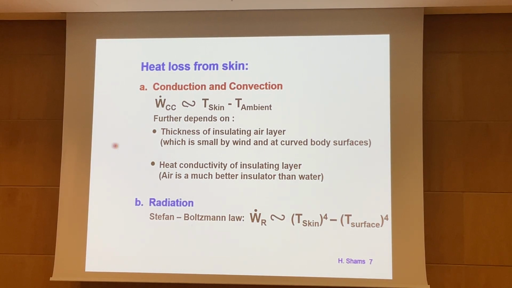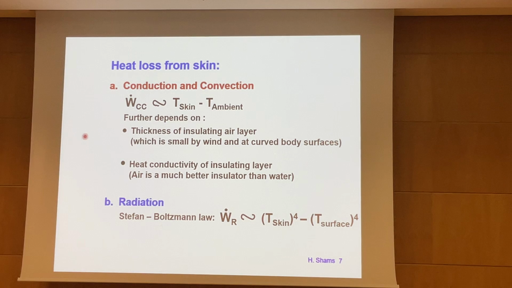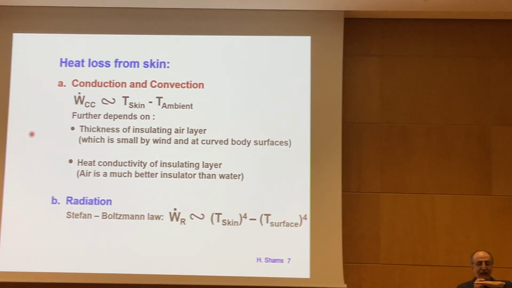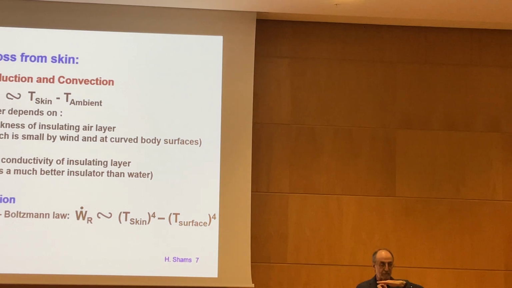We give the heat by conduction and by convection. What is the difference between the two? Conduction means if I have my hand and there is no airflow at all there, then the heat will be transferred to the air by conduction.